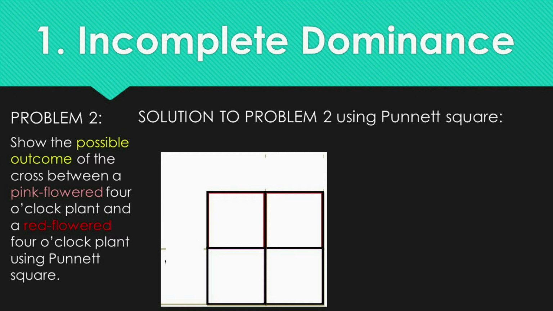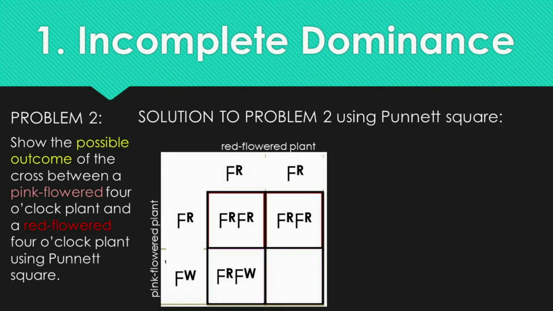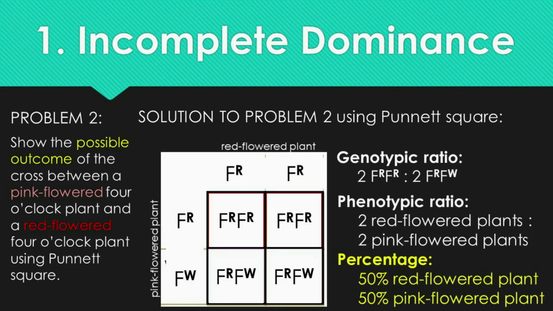And then identify the genotype of the parents. Then combine the genes from parents and write the combination inside the squares. So the answer to problem number 2 is there is a 50% chance or possibility of having red-flowered 4 o'clock plant and 50% pink-flowered plant.